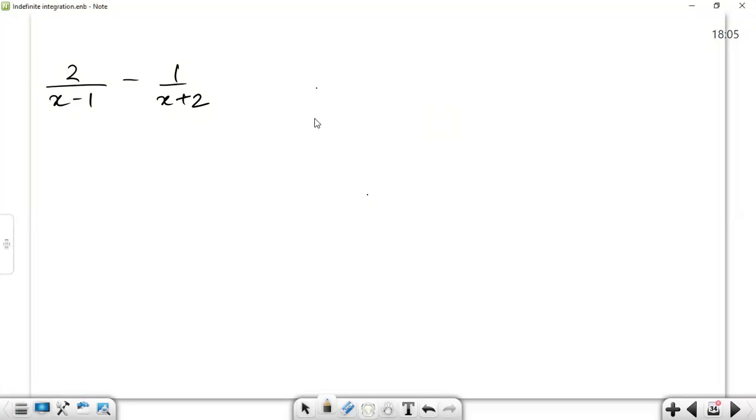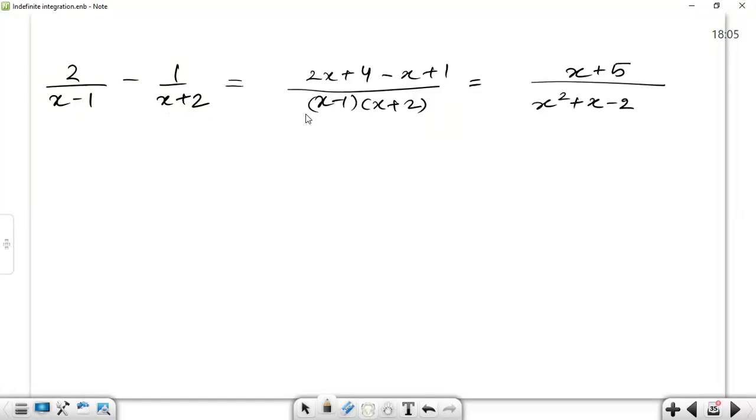So before starting the discussion about partial fractions, first let's see these two terms. If we solve these two further, it will come out like this. So these are two same expressions expressed in different forms, right?